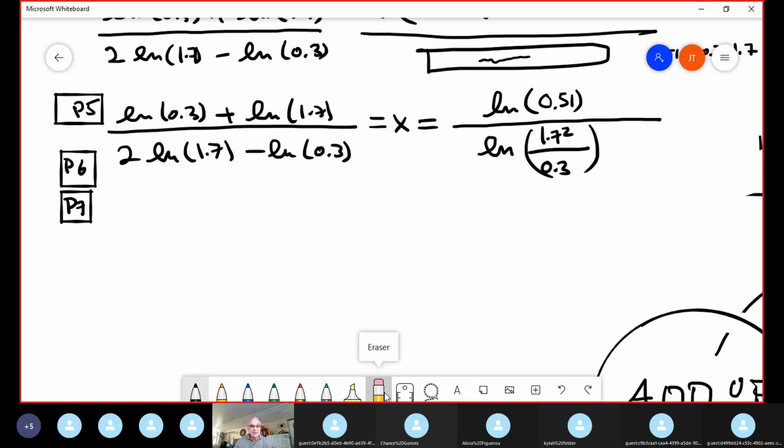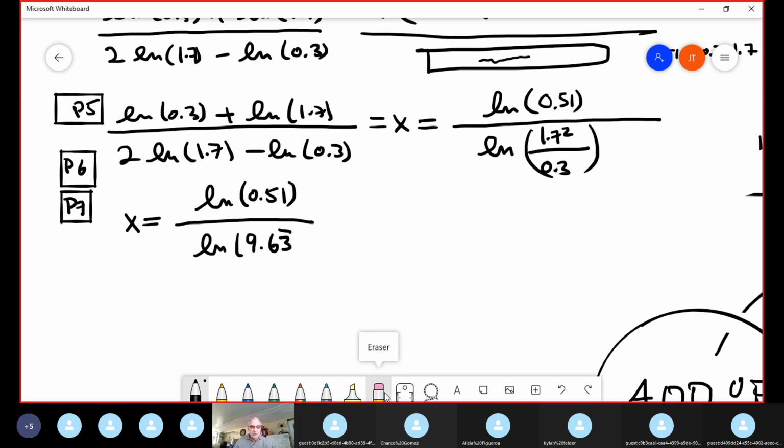Wow. The answer is x is equal. In the top, logarithm 0.51. In the bottom, 1.7 squared, I put in the calculator, divided by 0.3 is logarithm of 9.63, 63 repeated.